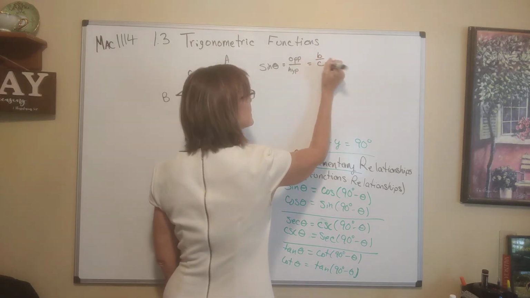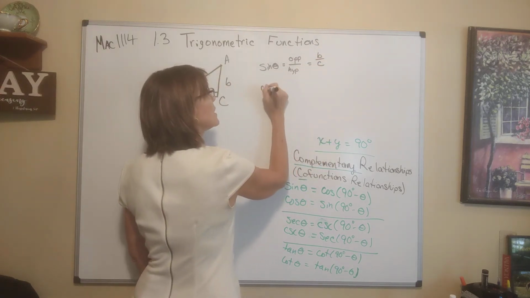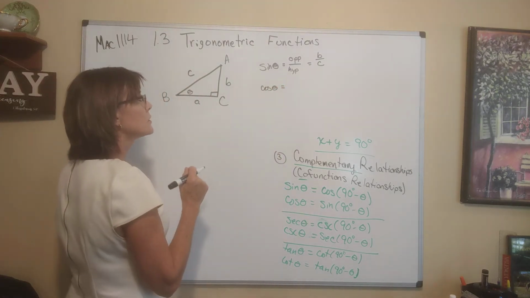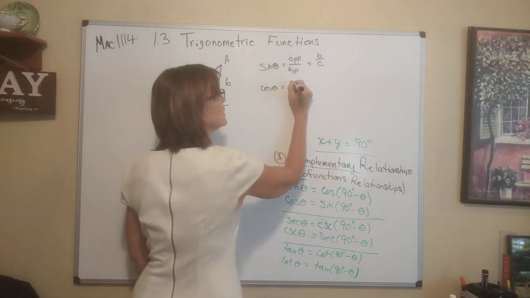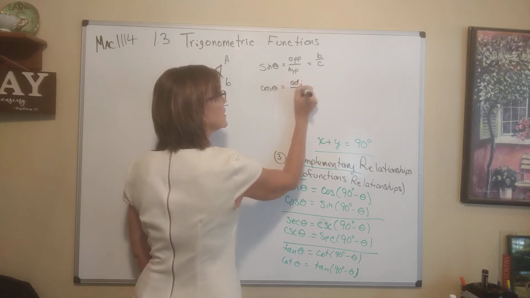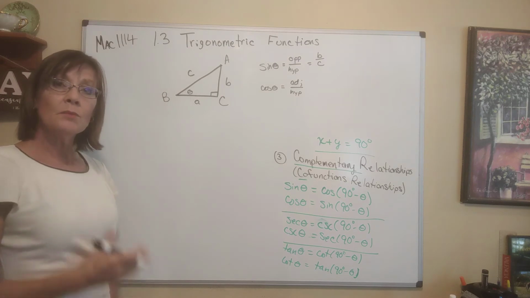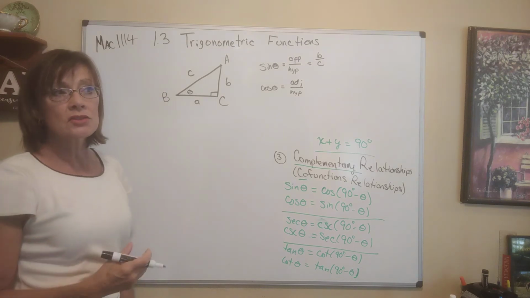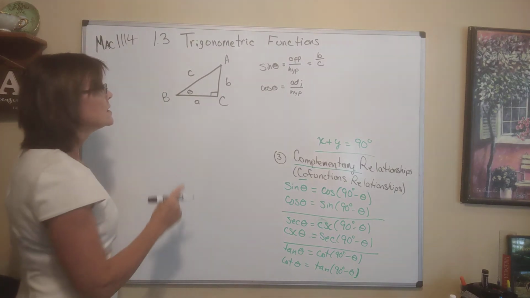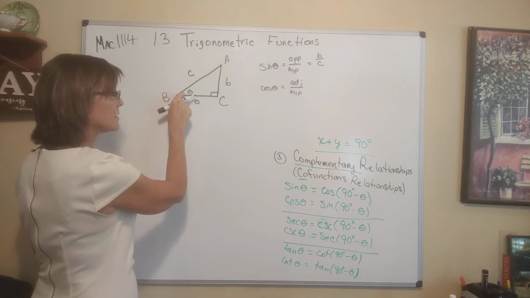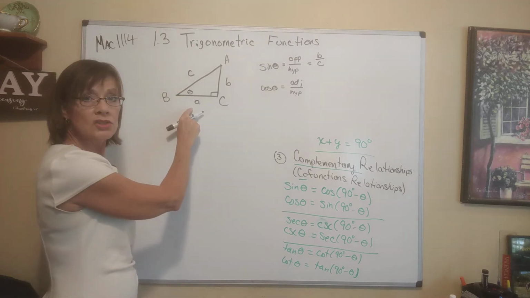B over C. And the cosine of theta is equal to adjacent, which I'm going to abbreviate like this, adjacent over hypotenuse. Now, adjacent means beside. So at angle theta, what side, not the hypotenuse, is beside this angle? It is A. This is what's adjacent to it.